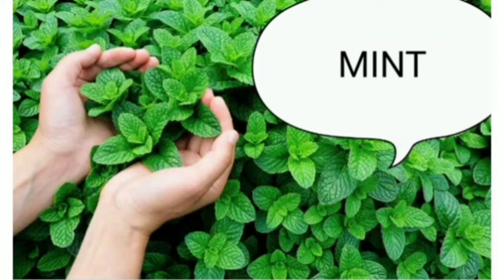In this plant the stem is also very soft, no? Yes, and it is green in color. Herbs means what? They are medicinal plants and we can use them for food also.